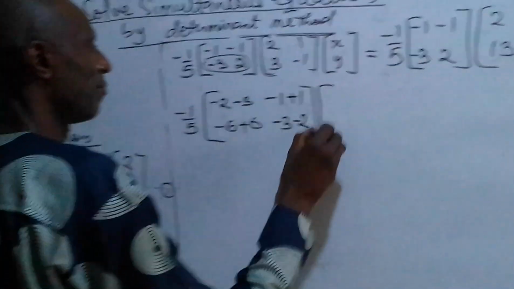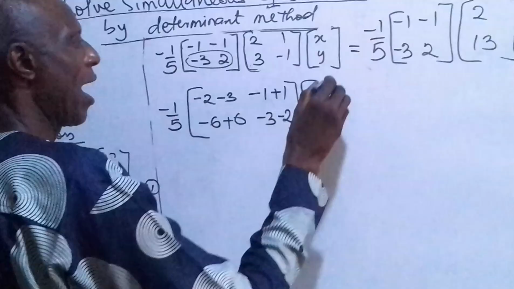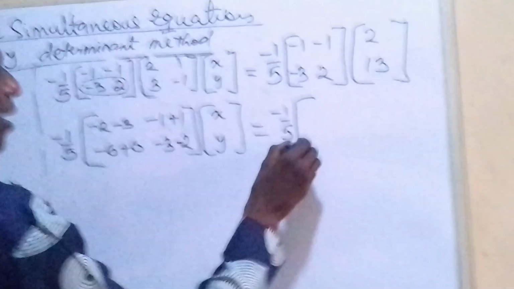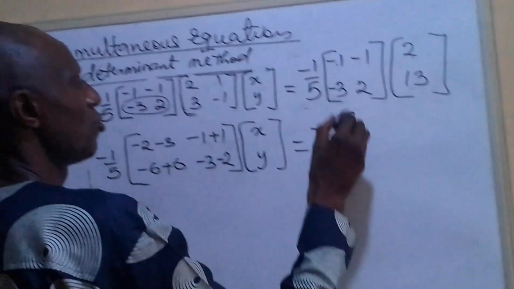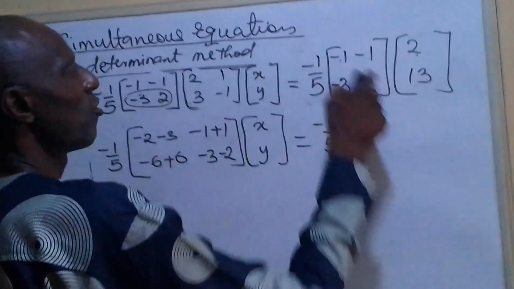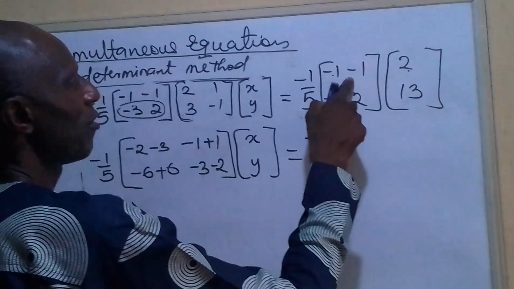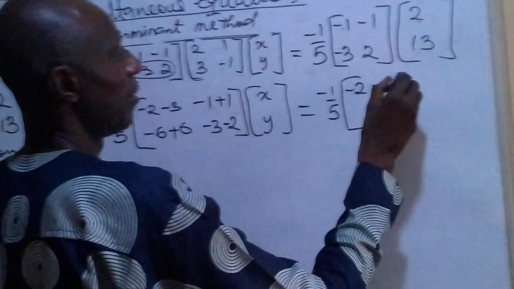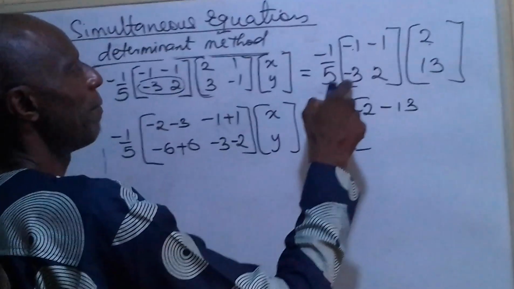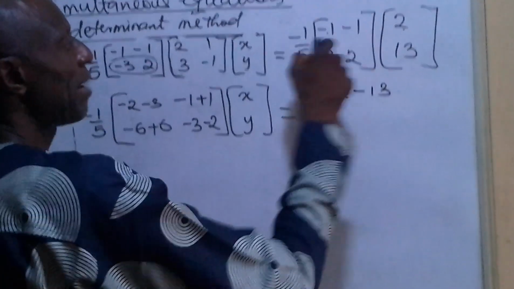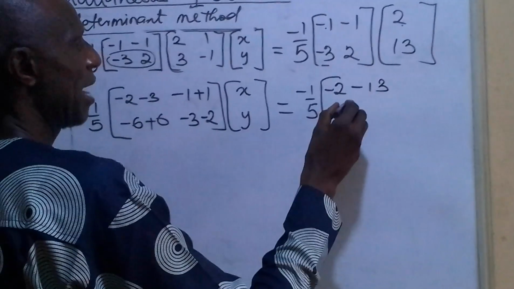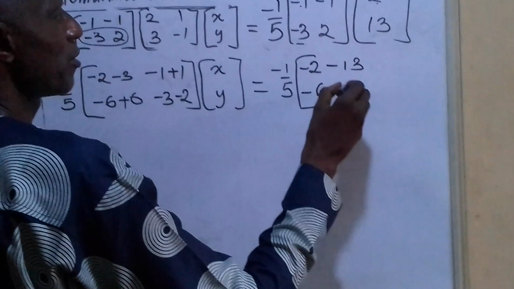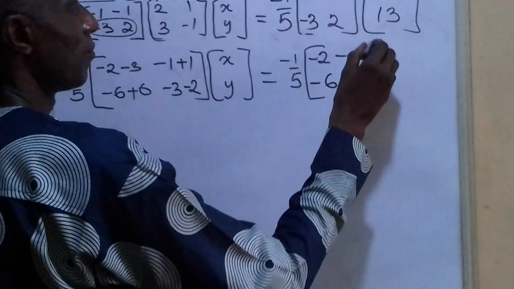We will now have x and y equal to minus 1 over 5. The same way, minus 1 times 2 is minus 2. Minus 1 times 13 is minus 13. Now, minus 3 times 2 is minus 6. Minus 2 times 13 is plus 26.